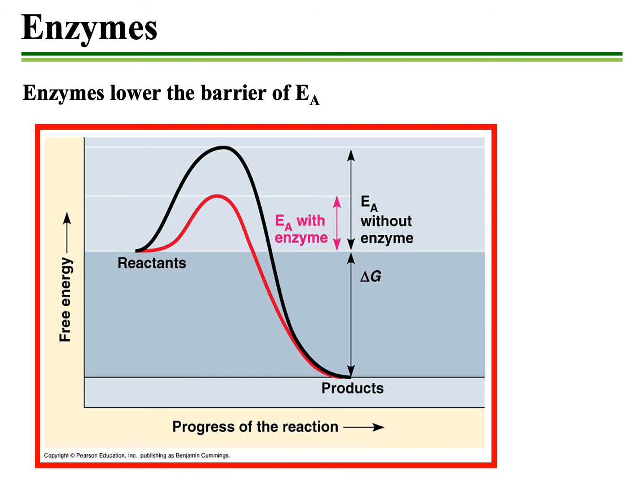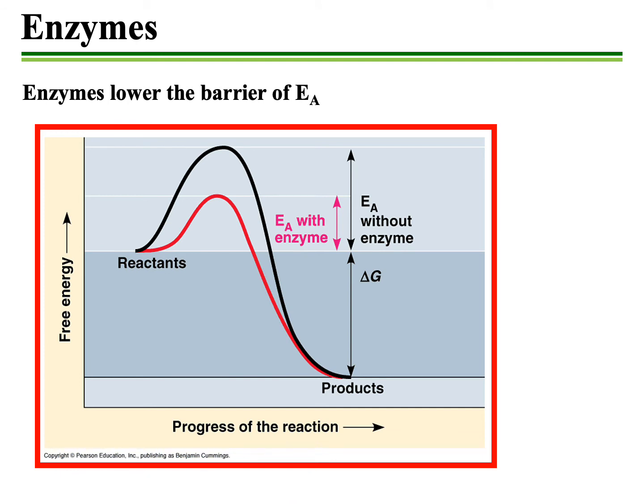The first thing that I want to mention is the curve in black. The curve shown in black on this figure shows the hill or the barrier that needs to be overcome, the activation energy that needs to be overcome before the reaction will proceed. You can see that also listed as the activation energy without the enzyme.